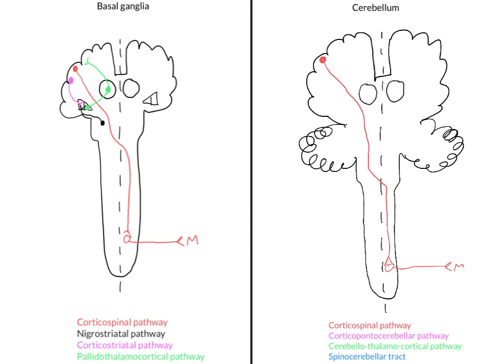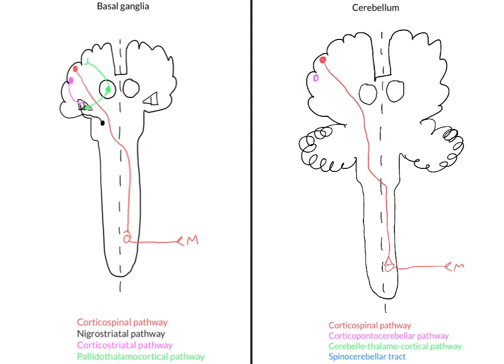But it's a little bit more complicated than in the case of the basal ganglia, because the input to the cerebellum from the cortex goes through another relay station. And this is a set of nuclei known as the pontine nuclei sitting within the pons. So let's put on the so-called corticopontine pathway. So the motor cortex is going to communicate its motor plan to the cerebellum via the corticopontine pathway.